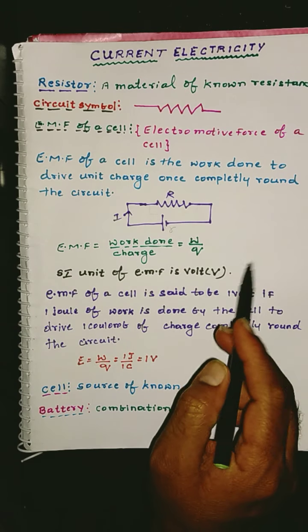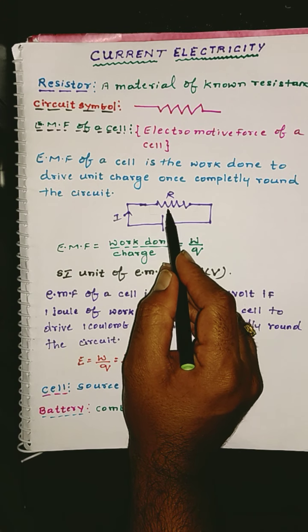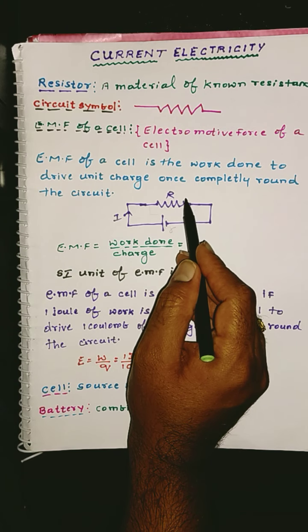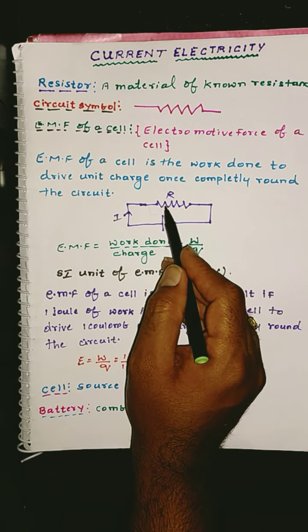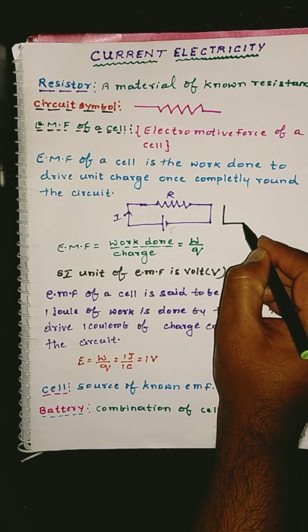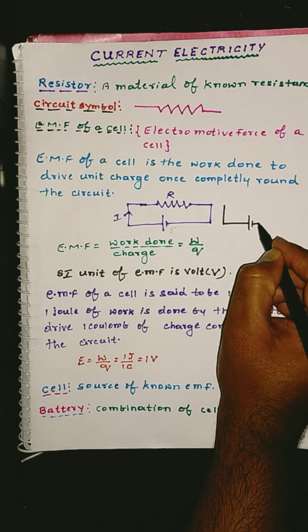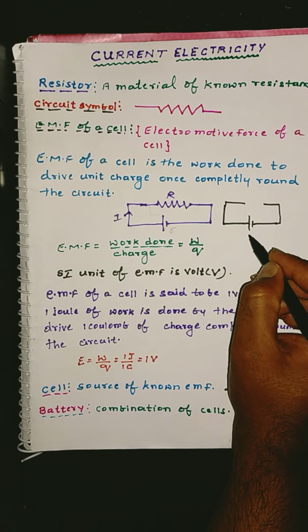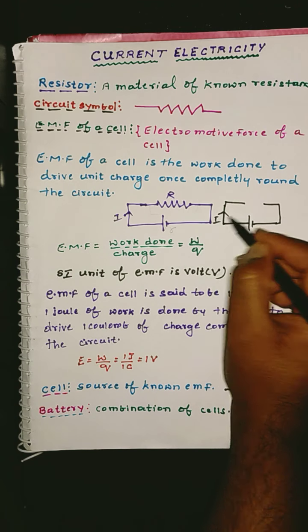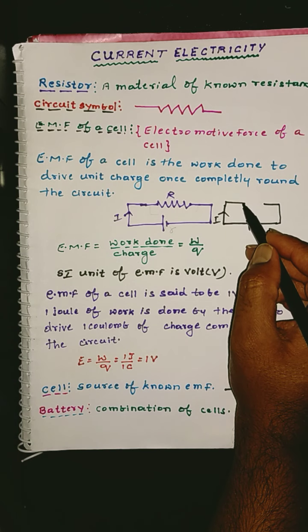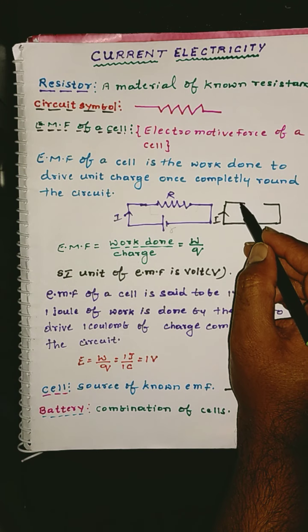For example, see in this circuit, when you say external resistance is infinite, what do you mean? You mean to say that this capital R is infinity. That means if this R is removed from here, and you have a circuit like this, what will happen? There is no external resistance connected here. There is no path for the charges to flow from here to here.